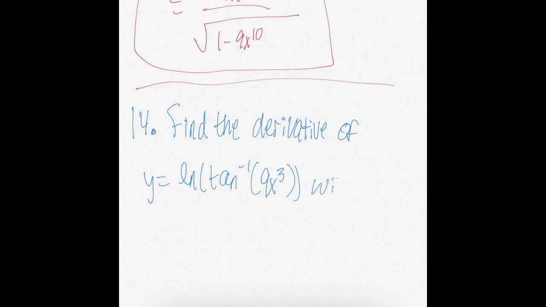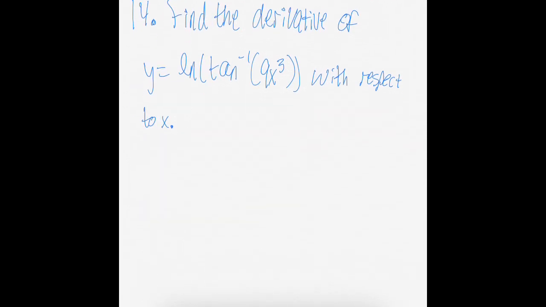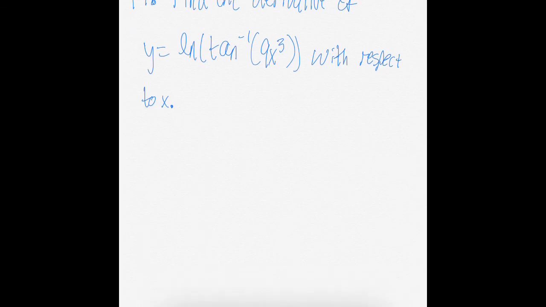Does it get 3 parentheses there or 2? I think just 2. Oh, with respect to x. Yes! Oh my gosh, this one looks so legit. Too legit to quit. Here we go, ladies and gentlemen.